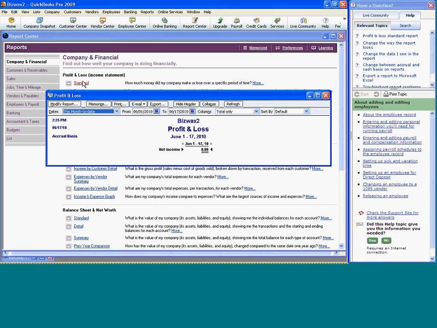It shows us on an accrual basis at 2:25 p.m., that's today, the net income from the beginning of the year, because we did have income. So the income was zero because we didn't have any income over the expenses.